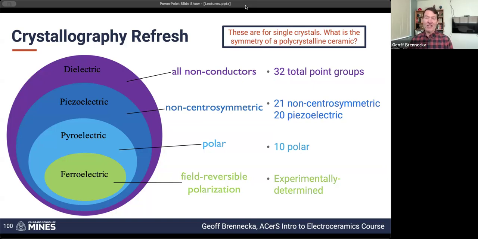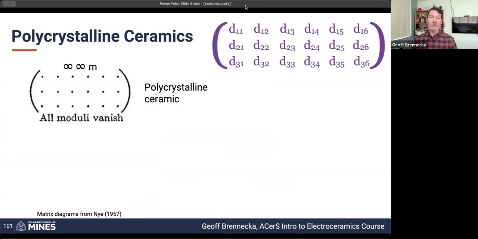Each individual grain in that ceramic is going to have the symmetry or the lack of symmetry of its point group. But then you take millions or billions or trillions of these crystals and throw them together into a ceramic, they're overall going to be random, right? So if it's completely random, then all of those moduli vanish, and we end up with an infinity M point group for a polycrystalline ceramic.